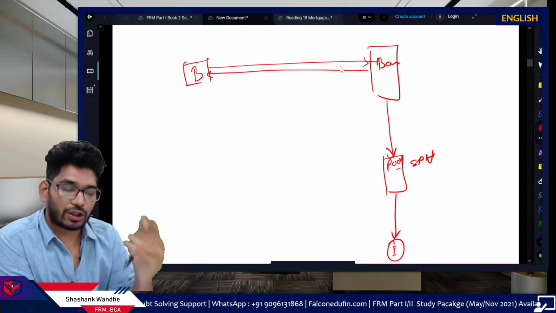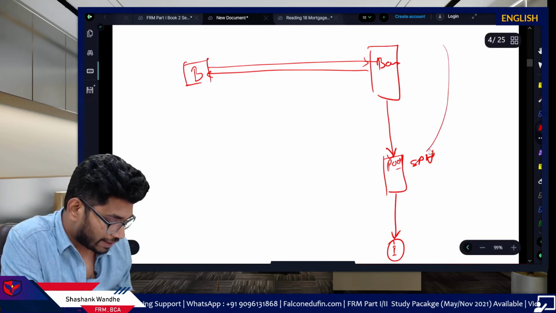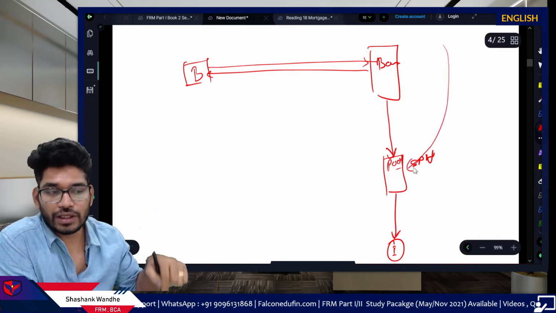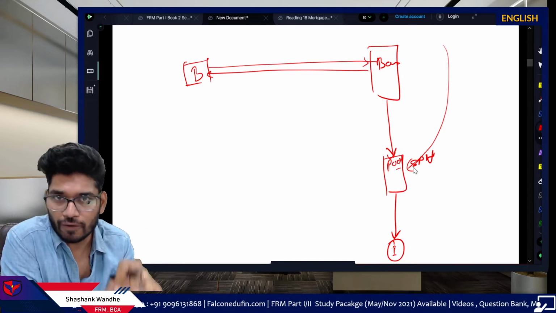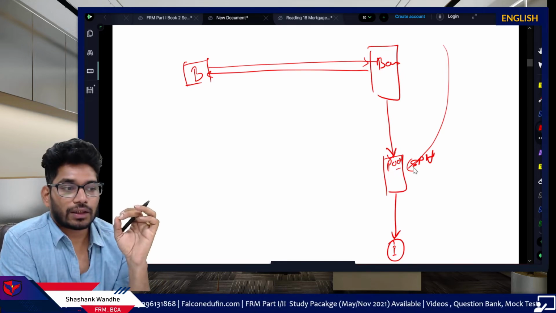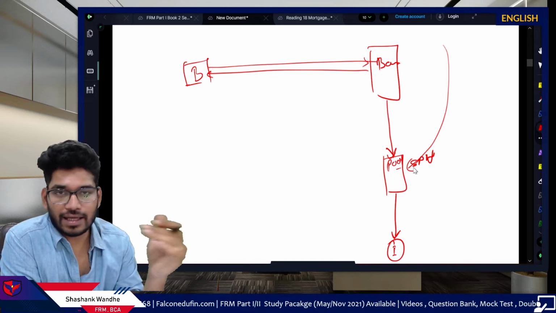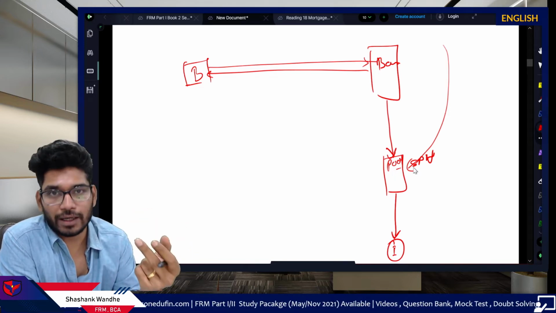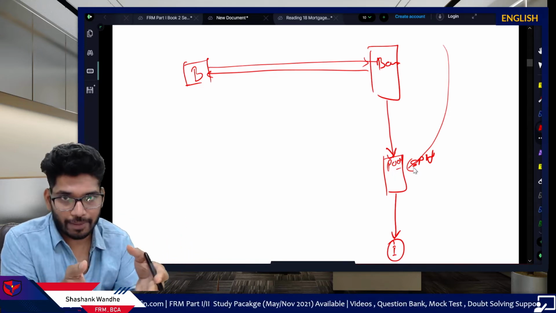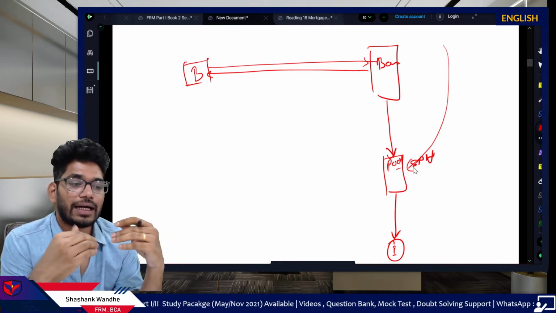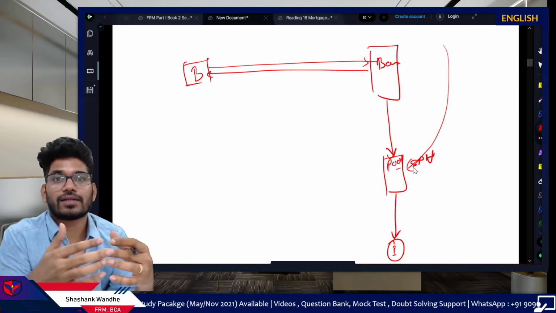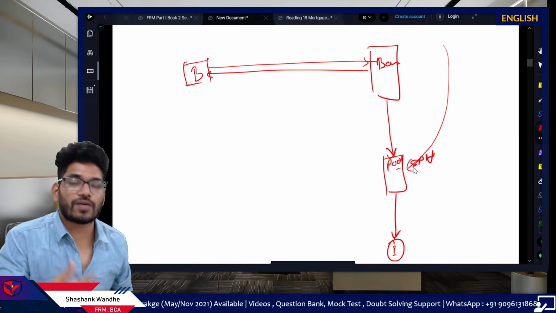This is what the government thought: provide security to the SPV or the investor, that we will protect you in case of default. These government agencies will provide this guarantee in case of default by the borrower. And obviously, when there is a guarantee for default, investors will be more interested.